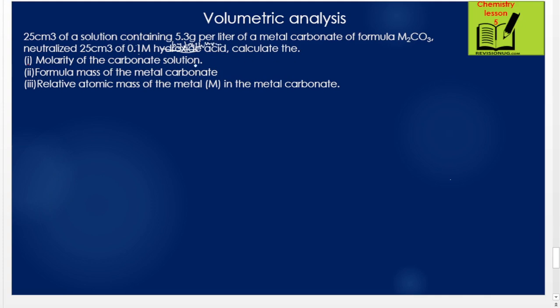Calculate the molarity of the carbonate and so on. So let us start with the molarity. As we are getting the molarity, I told you when you see this, we first put it into interpretation. What does this mean?